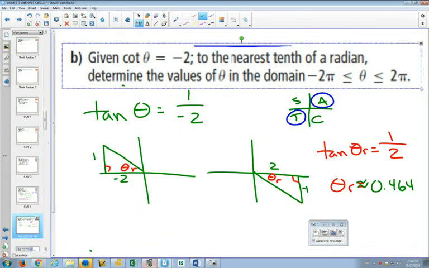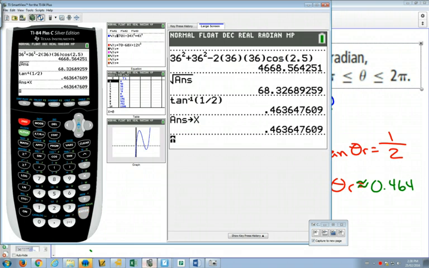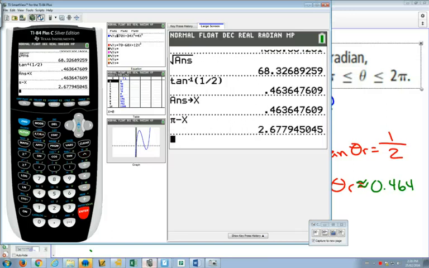between 0 and 2 pi and between 0 and negative 2 pi, we need to figure out two positive angles. Can you see that this first one's going to be pi minus our reference angle? And can you see that this one is going to be 2 pi minus our reference angle? The nice thing about having that value stored is we can go pi minus x, and it will get it that way for us.